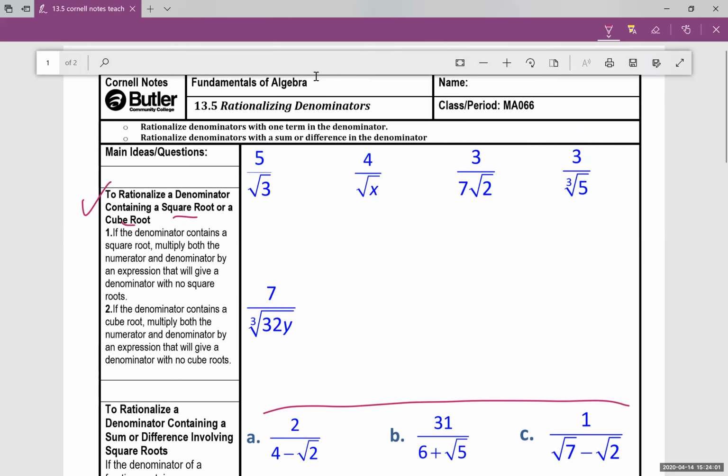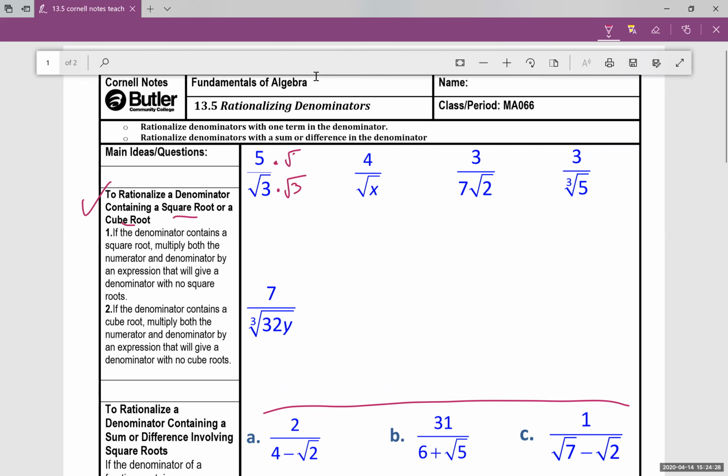First of all, these up here are not dealing with the conjugate yet. There's no addition or subtraction in the denominator here. So when you think about 5 over the square root of 3, what can you multiply to get rid of this radical expression? Most of the time, it's going to be times the square root of whatever's there already. But remember, what you do to the bottom, you have to do to the top to keep everything in balance.